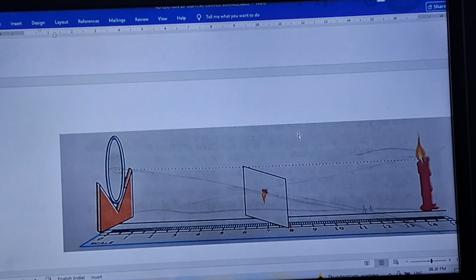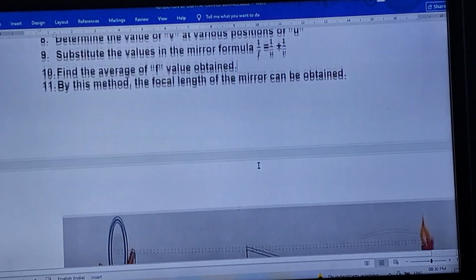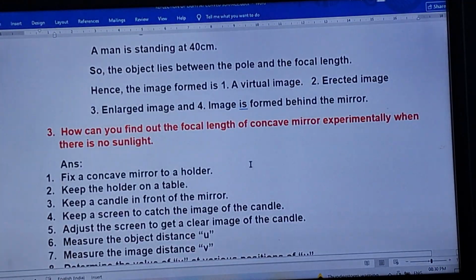In case of 6 marks, sometimes they will ask what are the materials used for this experiment and how this experiment has to be performed. You can write the aim of this experiment. Aim is to determine the focal length of a concave mirror.